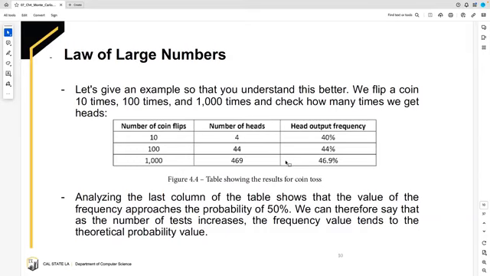This is the law of large numbers, right? So if you have a big number of samples, then the average of your samples converges to the expected value of that random variable.